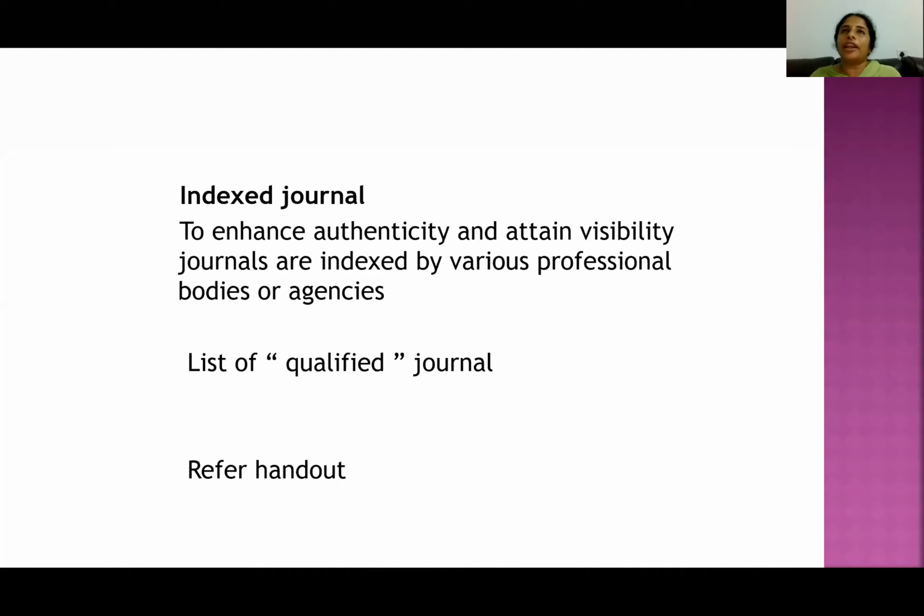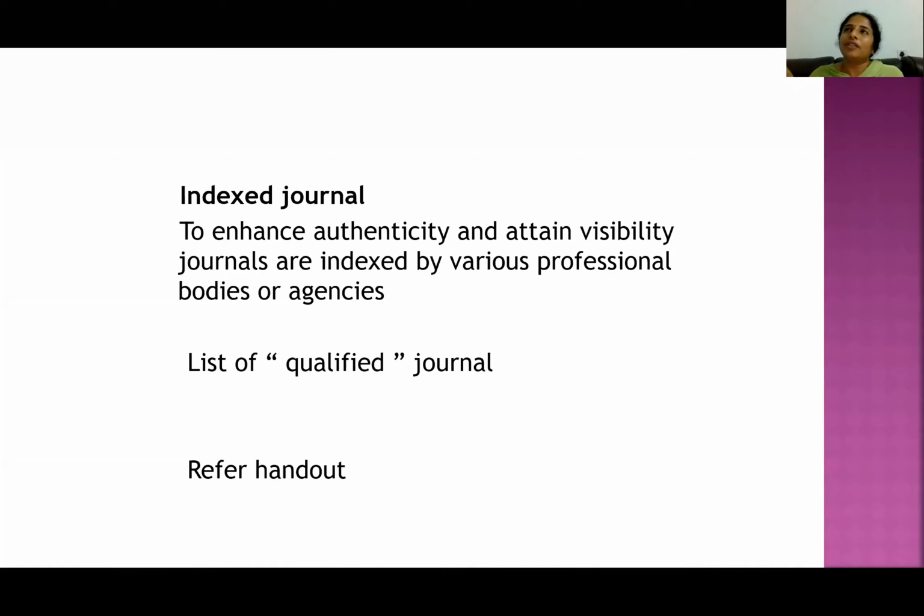Anybody can publish a list of articles. But for example, there is an Indian index called Expedite. Or there is Index Copernicus. Then there is another called Embase. So what happens is that if you are in a certain set of index, again, quality is assured. So it's a list of qualified journals.